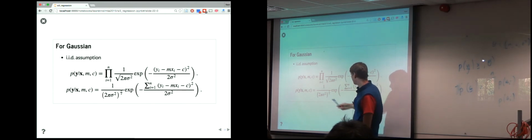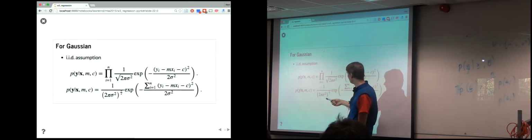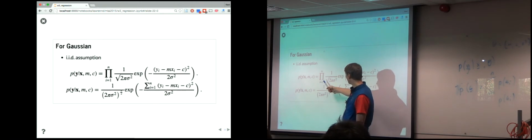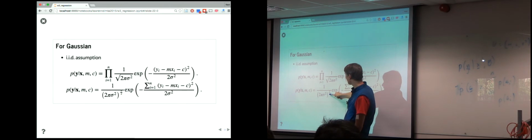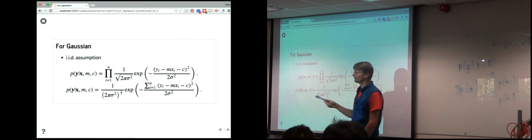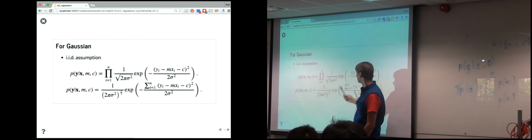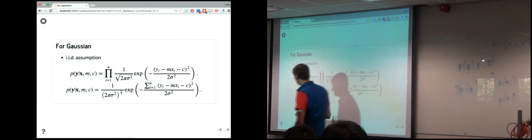Now, the nice thing here, and this is why exponentials are really fun, is that when you pull this product in here, instead of a square root you get this raised to the power of n over 2. And because this is an exponential, the product of two exponentials is the sum of their exponents.